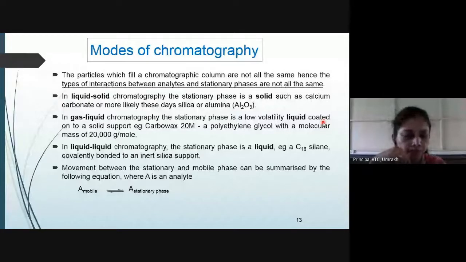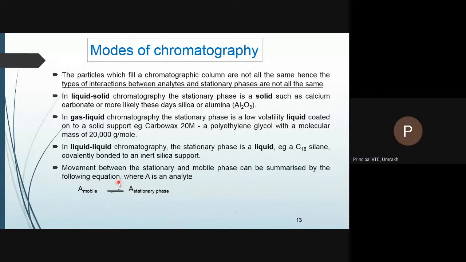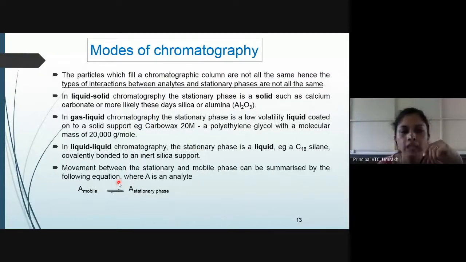Now, there will be movement between the stationary phase and mobile phase. Your analyte will be moving between the mobile phase and stationary phase. We will be discussing points like the number of plates, how the mobile phase and stationary phase partition is occurring, and what parameters will be affecting this partition in the next lecture.